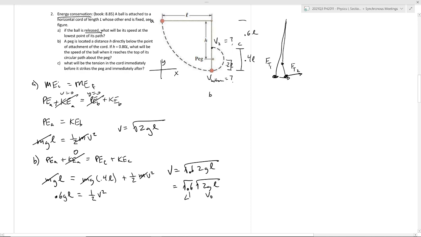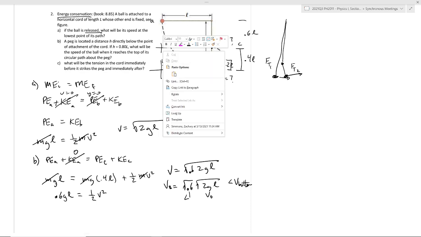And so the v at C, or V2, or whatever we called it, is going to be less than the v at the bottom, which makes sense. The other thing I would point out to you is, you could pick your coordinate system to have its origin here. And then notice what would happen is that you would just go immediately from MGL.